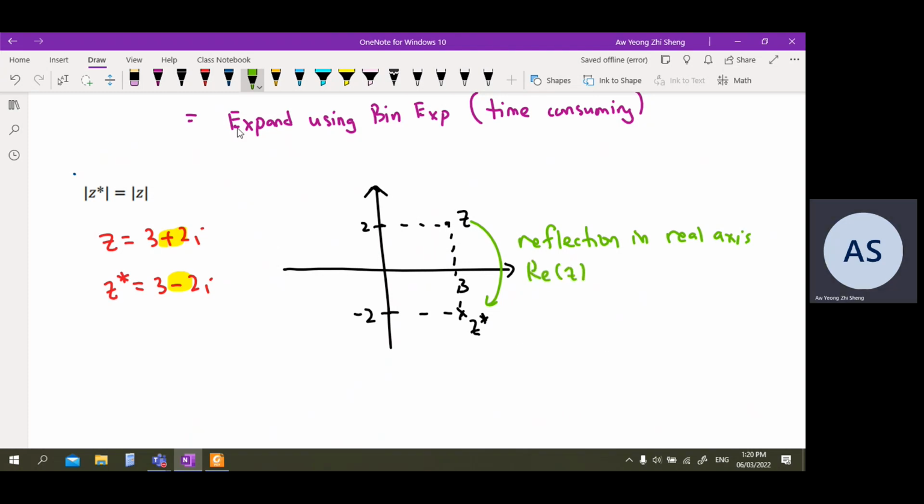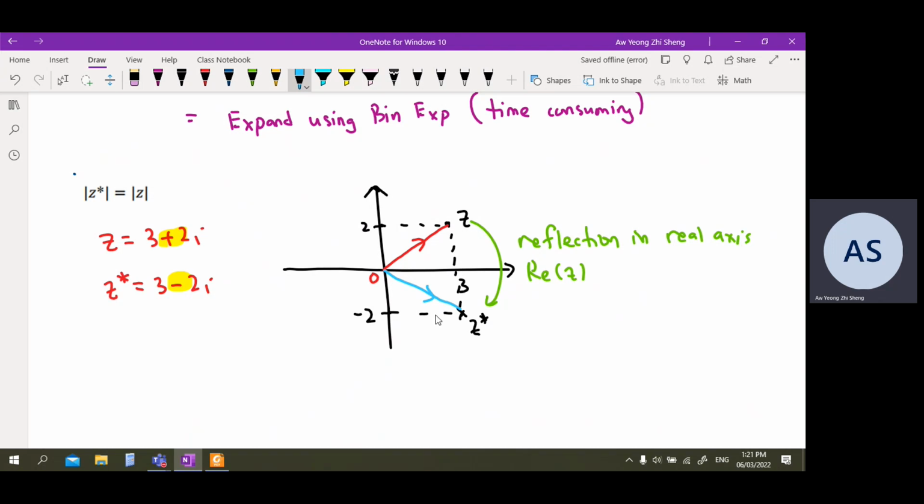Okay. So since we are just reflecting the point, the vector representation also gets reflected. And so this red color vector is the original vector representation of z. The vector representation of z star, this blue color vector, is just an exact mirror image of the red color vector when it's reflected in the real axis.